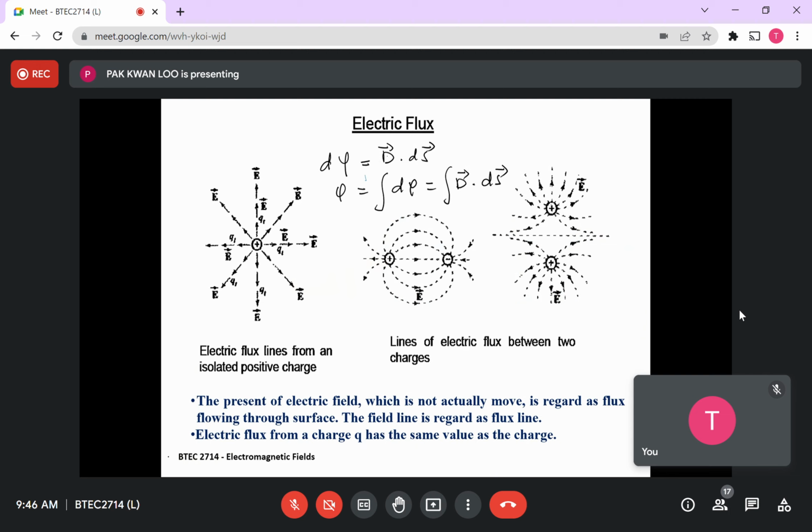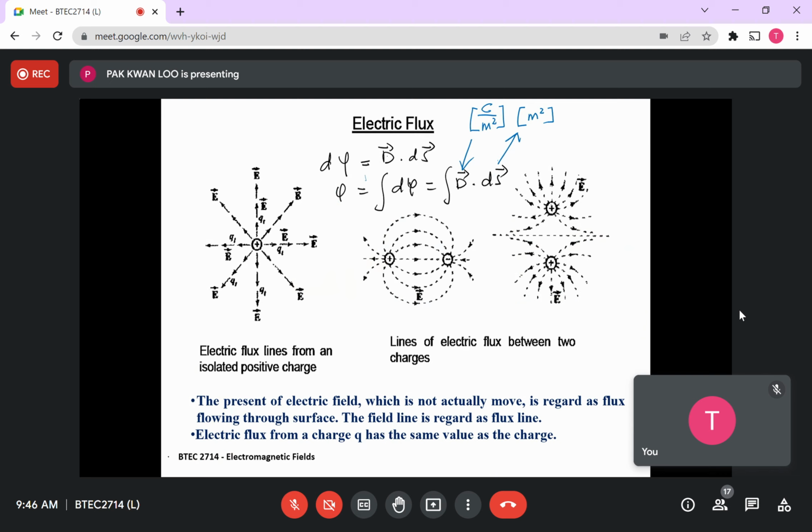Okay, so if we look again at the definition of electric flux, this term here, the dimension is coulomb per meter square, and this term here is meter square, the area, right? So that means the flux has the dimension of coulomb, which is the charge, basically.